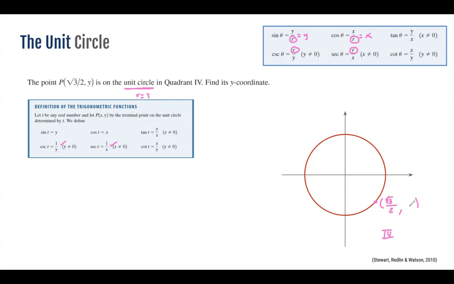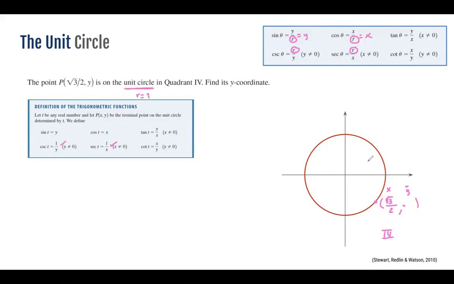So y is going to be negative because of the quadrant. In this case, x is positive, and we are going to end up with a negative y because of the quadrant.